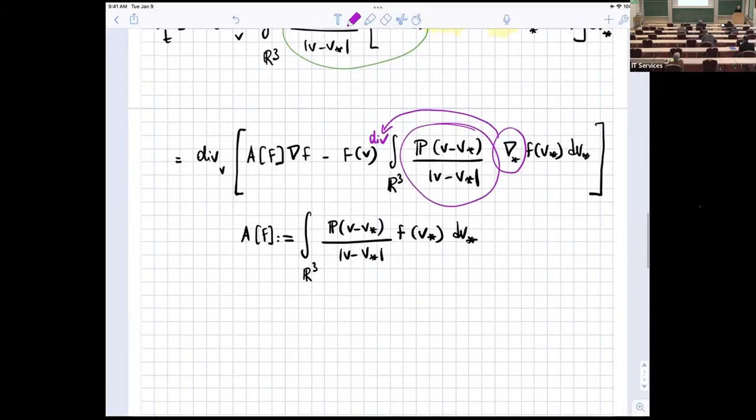And so we see that the divergence of this matrix here is nothing but, I have done this many times, so I know by heart, but believe me, it's negative 2 (v minus v star) over |v minus v star| to the power 3, which is something like negative 2 the gradient of 1 over |v minus v star|.